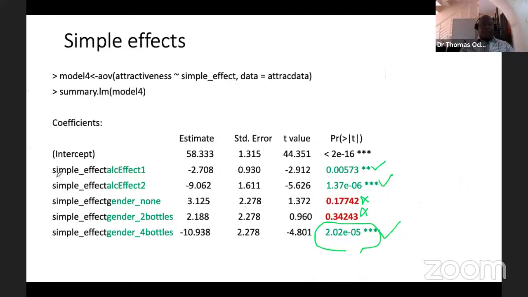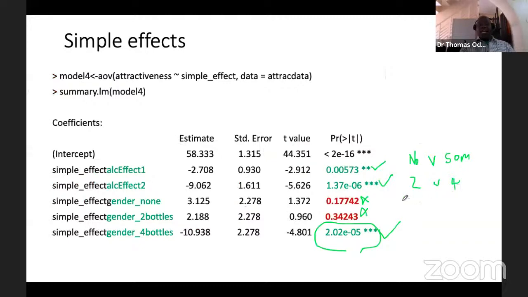For alcohol effect 1, we are comparing no alcohol versus some alcohol, which is, whether somebody has taken 2 or 4, the average of them gives us alcohol effect 1. Then alcohol effect 2, we are saying those who took 2 bottles versus those who took 4 bottles. That is alcohol effect 2.